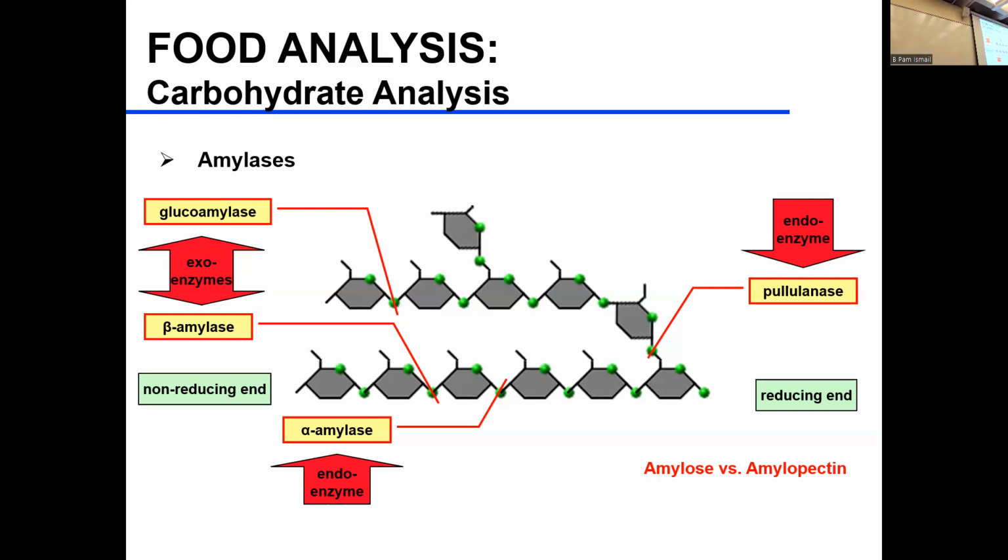Polymerase is another important endo enzyme that is also relevant in analysis. Polymerase is going to break the glycosidic linkage at the branch. So, you know, in amylopectin and amylose, you have chains, you have branches. Amylopectin has more branches than amylose.